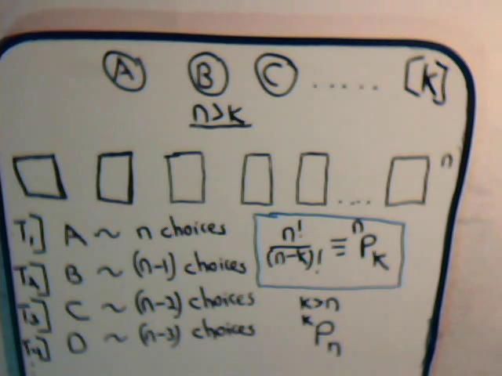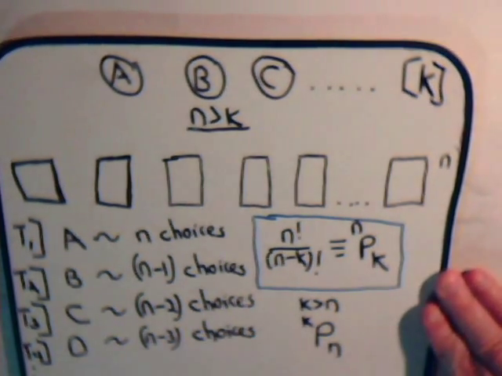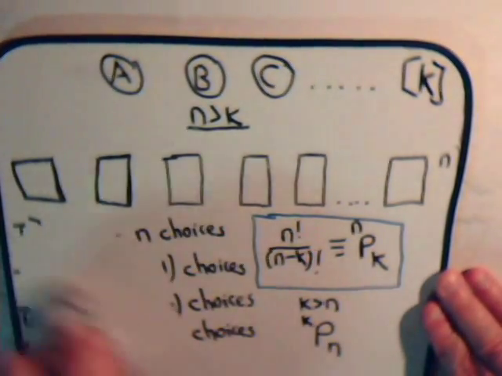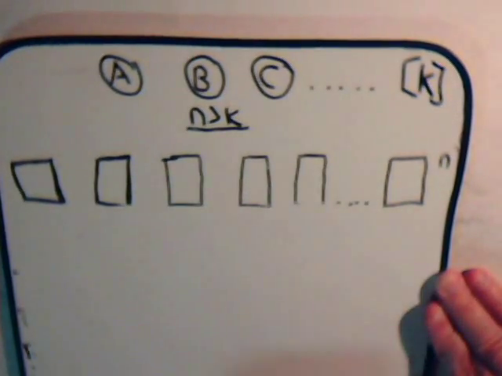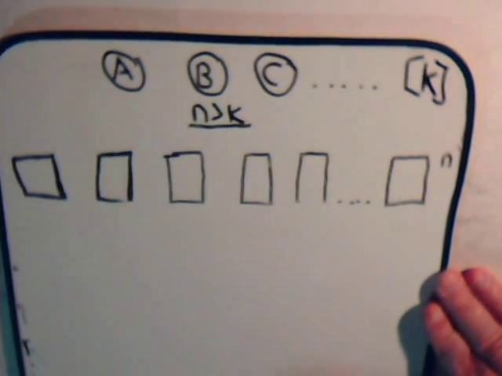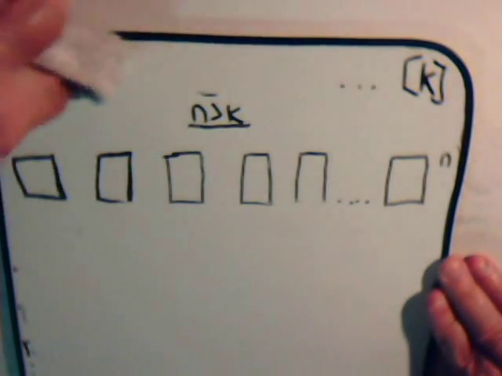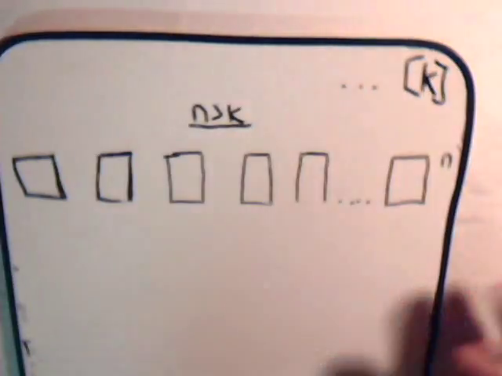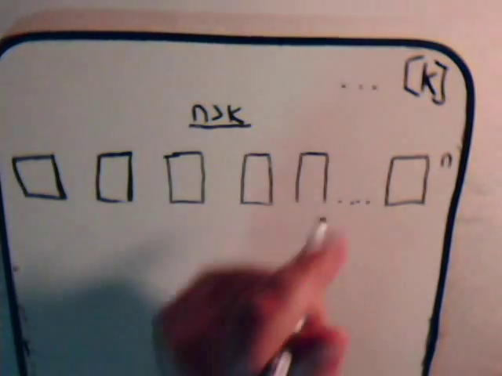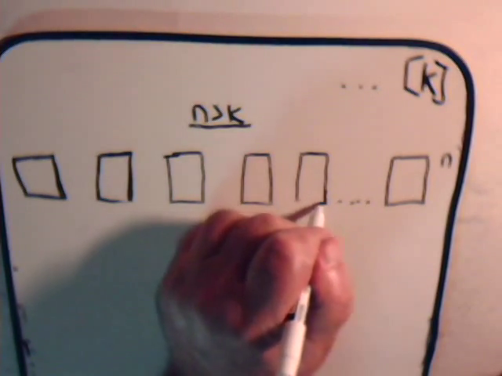Okay, let's go back now and consider our original problem. First let's make some room. The problem that we posed at the beginning of the video was we had k identical objects, not different objects.